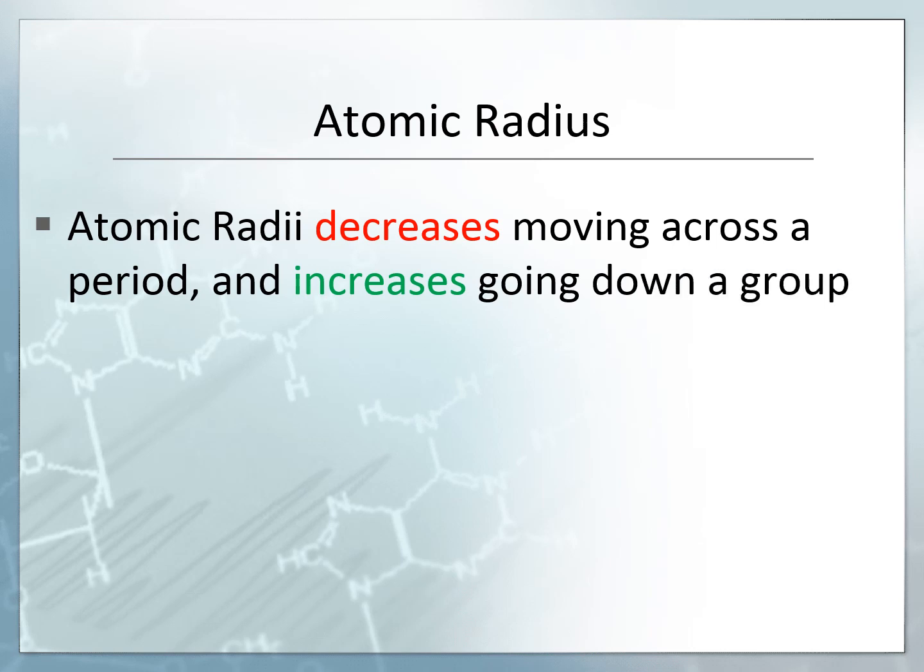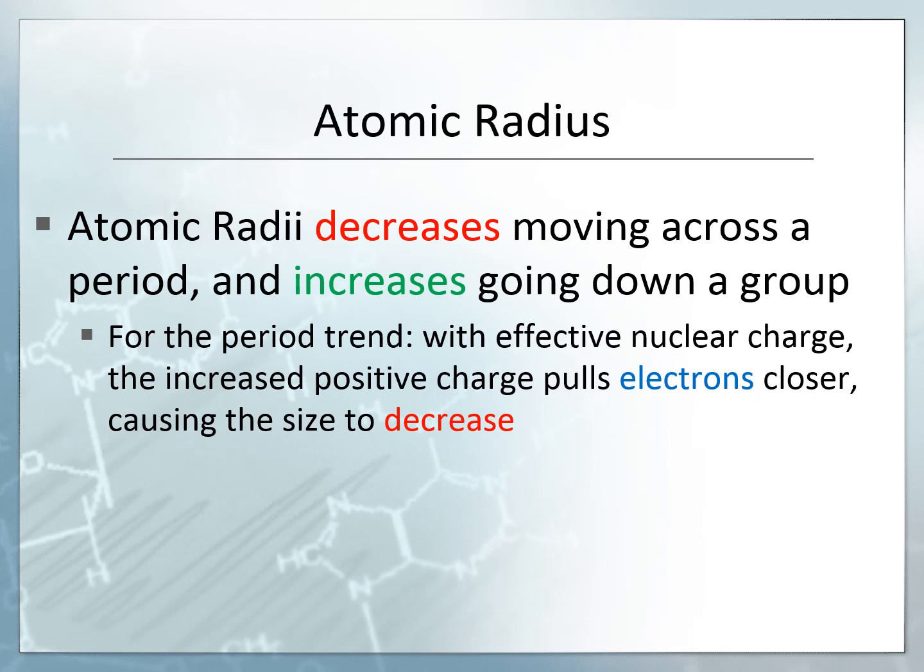As a conclusion, atomic radii decrease moving across a period and increase going down a group. Across a period, size of atom decreases. Down the group, size of atom increases.